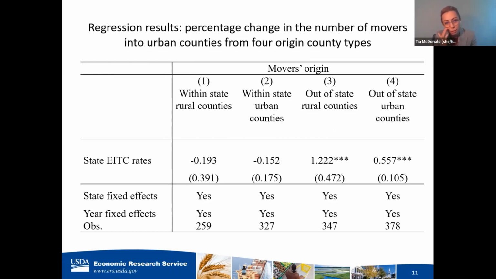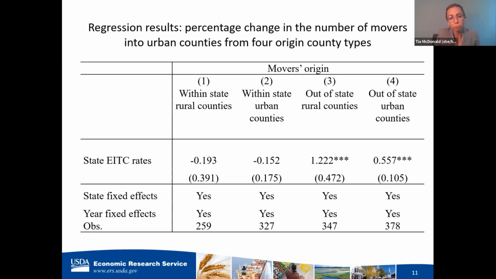We shouldn't expect people within the same state, who are all experiencing the same increase in the EITC, to have an incentive to move. The incentive should be for people external to the state to move into that state, and so it gives us some kind of check on whether there's something else happening here.